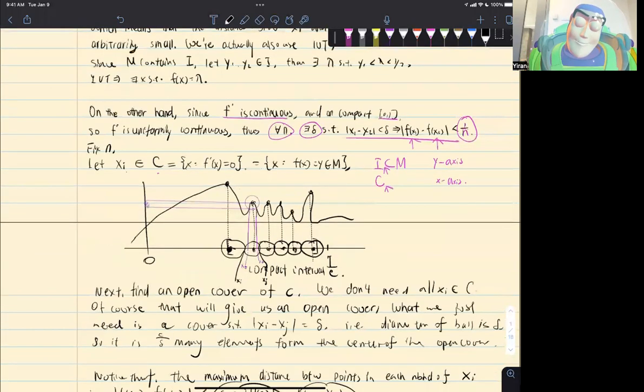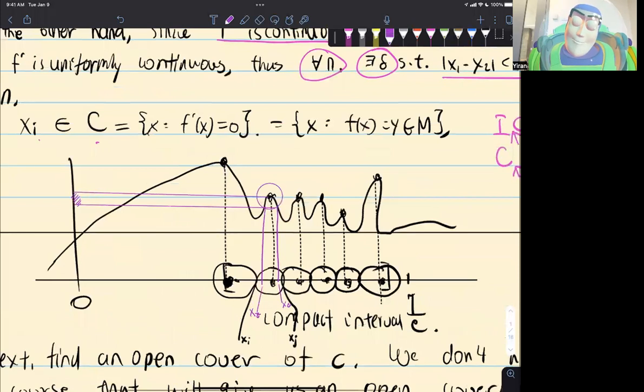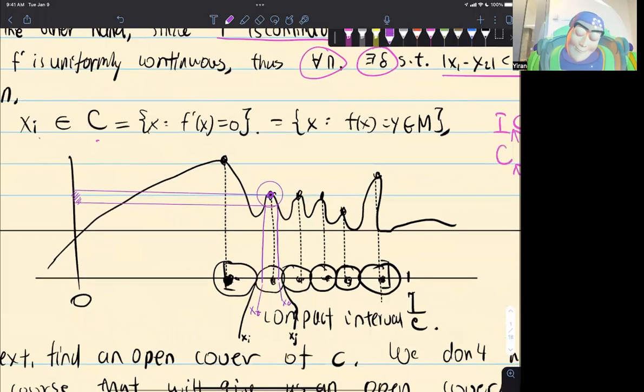Let's pick a critical point here, and we're looking at the image. This is a critical point, this is the corresponding point on the x-axis, and this is the little ball around that x element. Let's look at the image of this ball.